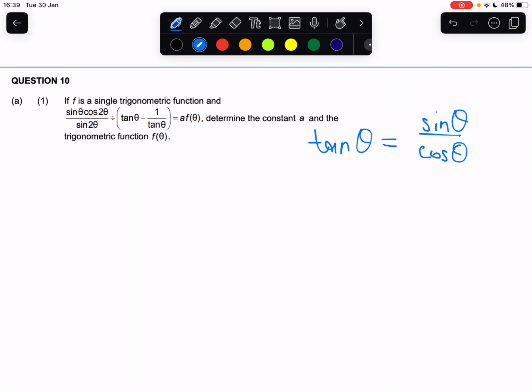So let's simplify this then using that knowledge. Tan theta minus 1 over tan theta.